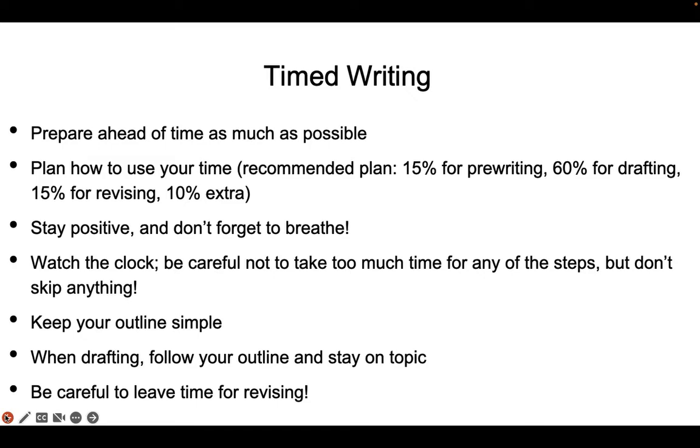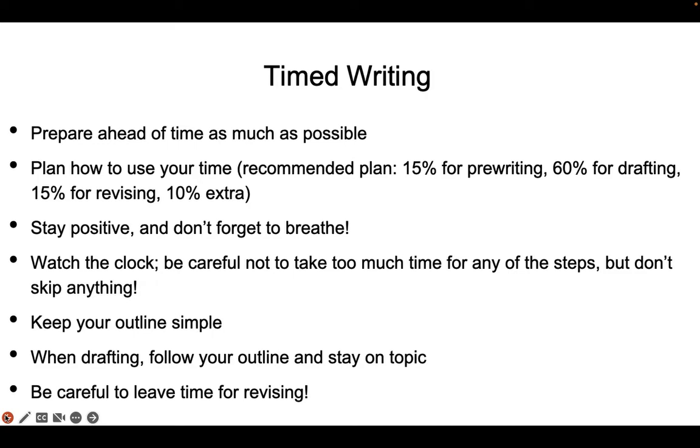How much time will you take for pre-writing, drafting, and revising? Here is a recommended plan. Take 15% of the allowed time for pre-writing, 60% for drafting, and another 15% for revising, which will leave 10% extra in case you need a little more time for one of the steps.